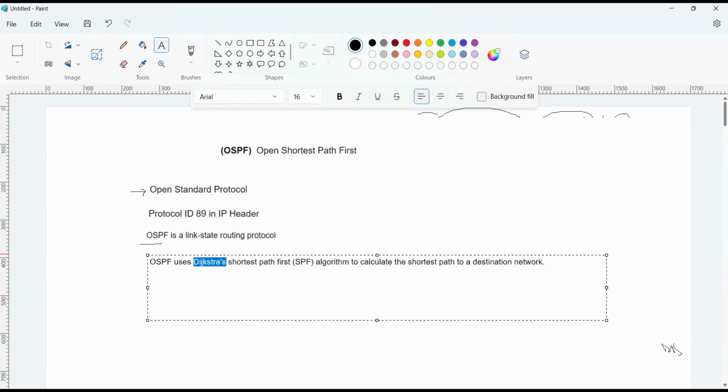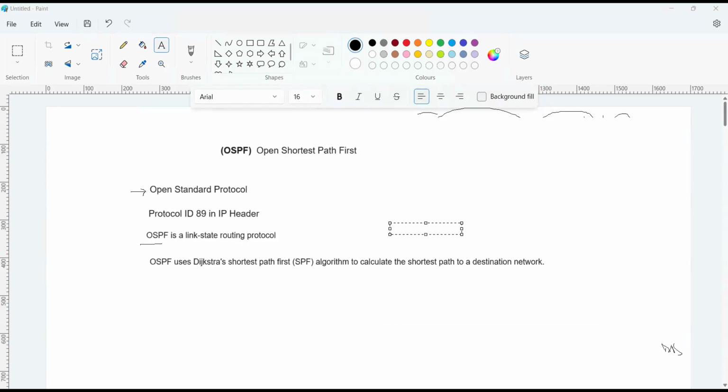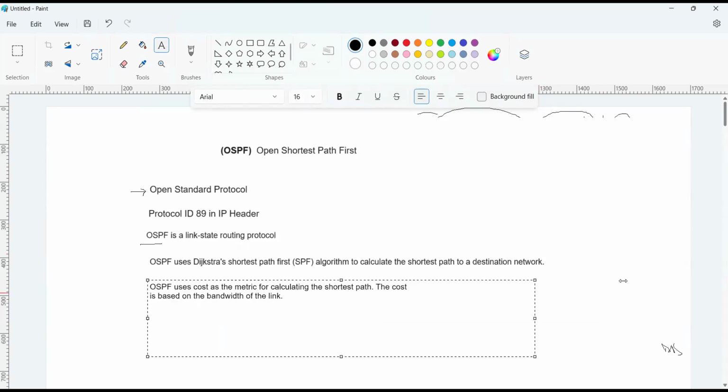And OSPF calculates the metric as a cost. Here OSPF uses cost as the metric. How will it be calculated? The reference bandwidth divided by the interface bandwidth. The cost is based on the bandwidth of the link.